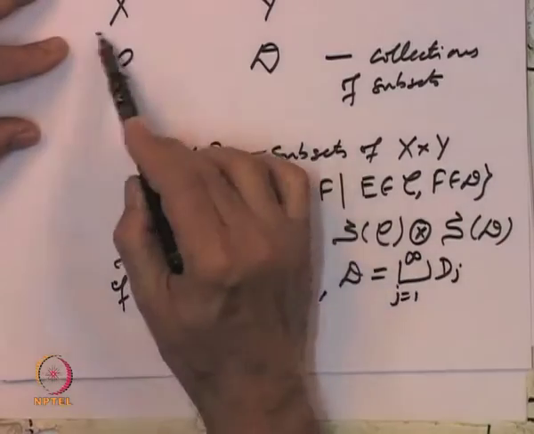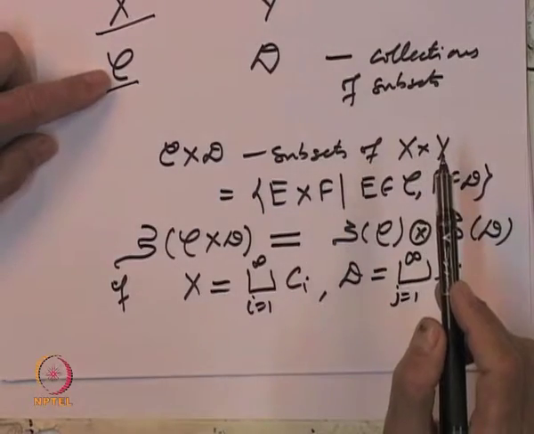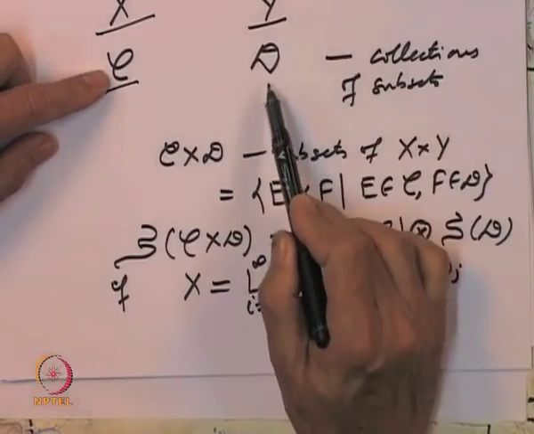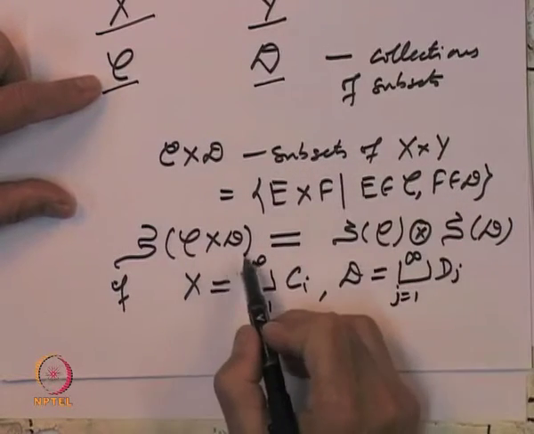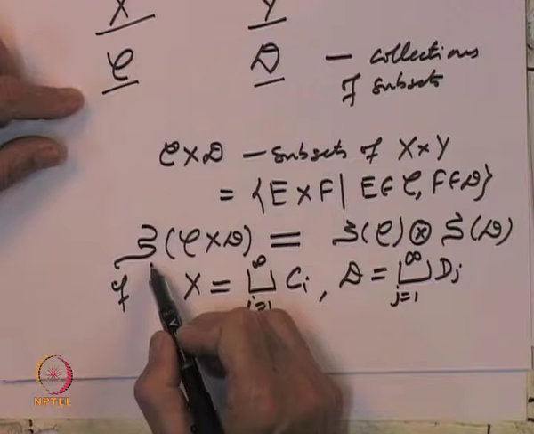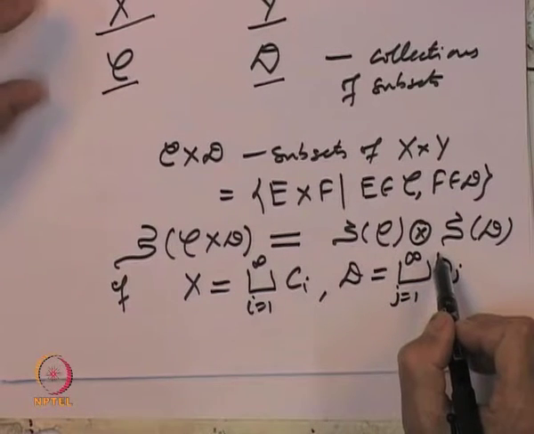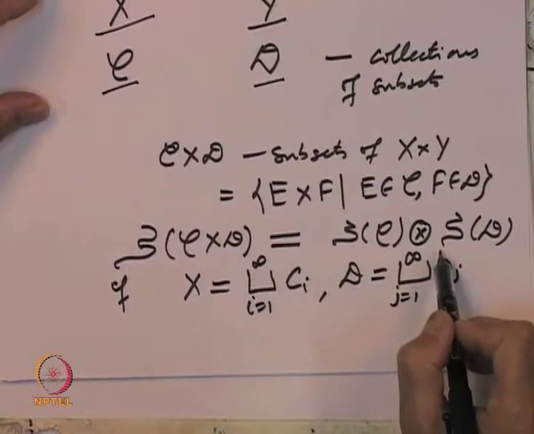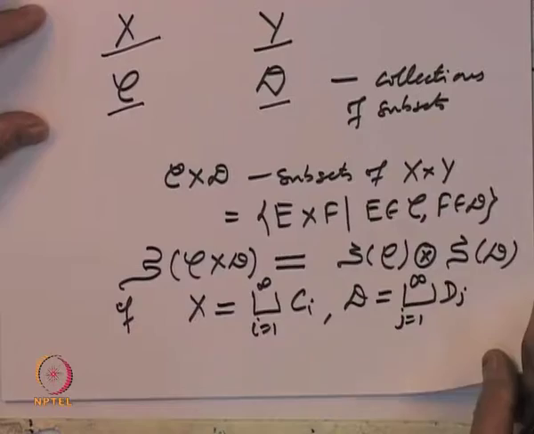So, whenever X can be represented as a disjoint union of sets from C, and Y can be represented as a disjoint union of elements of D, then whether you take the rectangles first and generate the sigma algebra, or generate the sigma algebras first and then take rectangles and generate the sigma algebra, both will be equal. So, this result we had proved in the beginning of the topic.